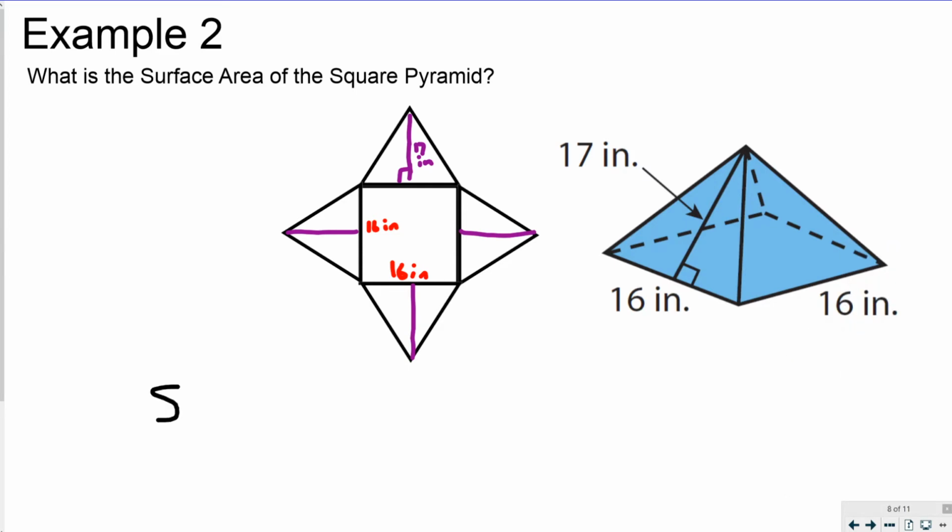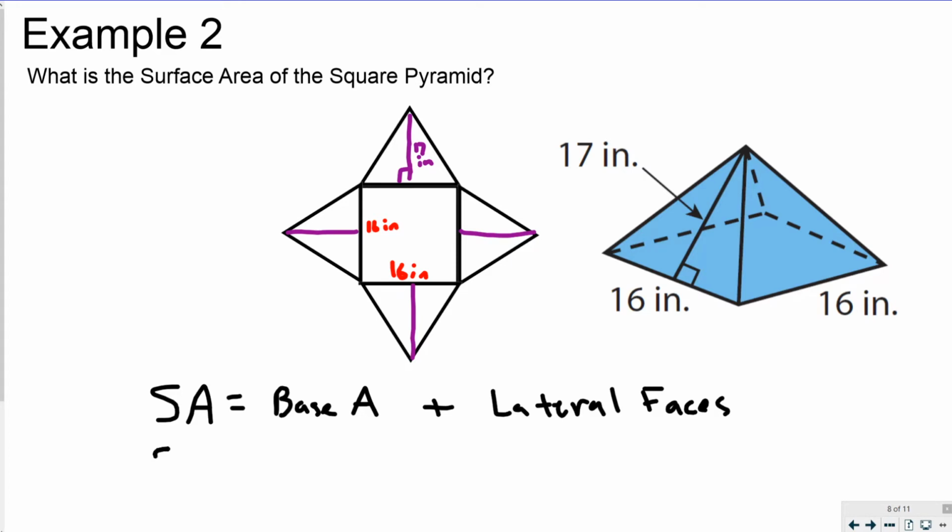So the surface area is equal to the base area plus the lateral face area. So in this case, the surface area would be equal to a square, which we would do, the area of a square is just base times height, and both of them are the same, so the area would be 16 times 16.